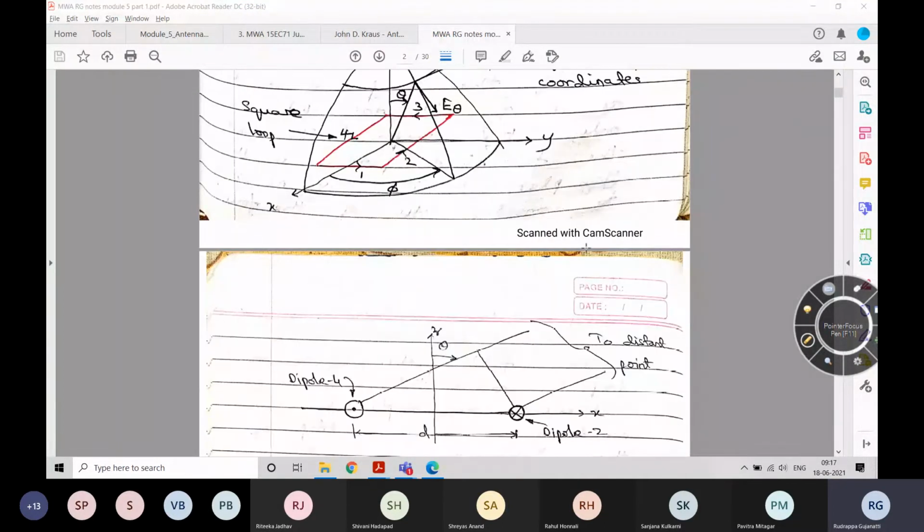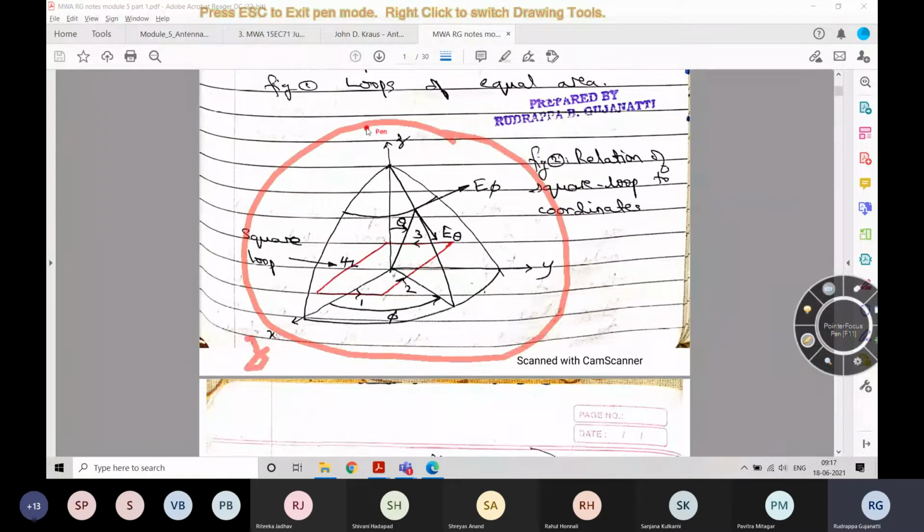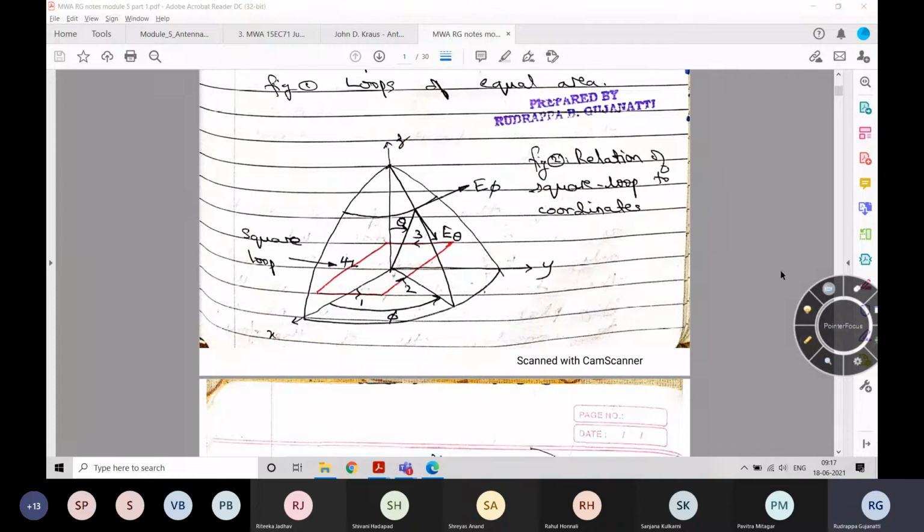Now, if you change the orientation, suppose you make this the Z axis and this the Y axis, there will be changes in the parameters, so we should consider those aspects also. Based on this specification, the field values remain the same. Only the unit vectors and other such things will change.